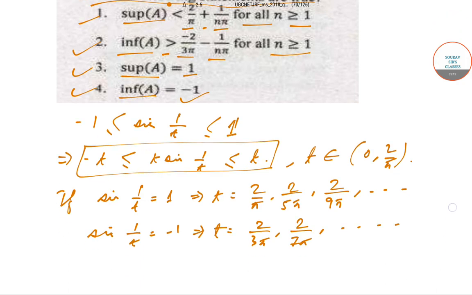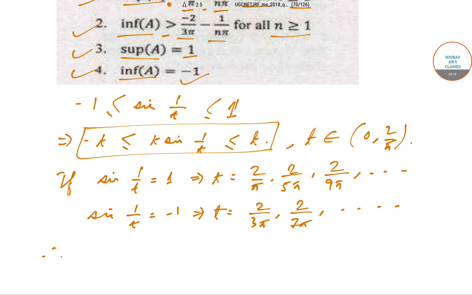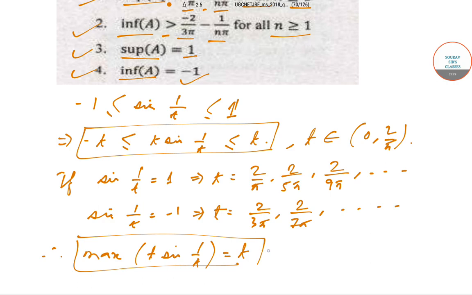So therefore we can write that the maximum of t sine 1 by t, which is equal to t, will occur if t is equal to 2 by pi, 2 by 5 pi, 2 by 9 pi and so on.